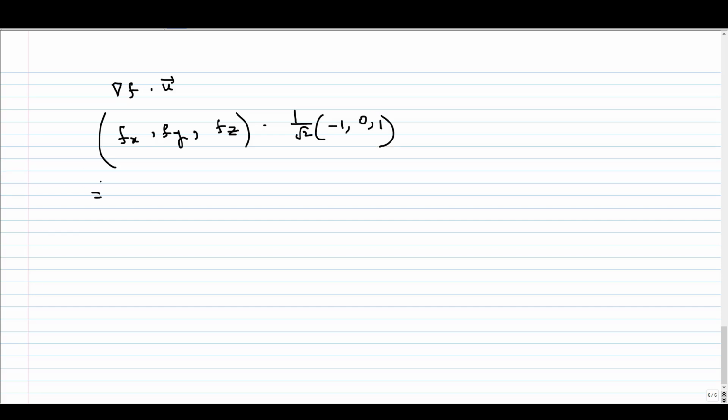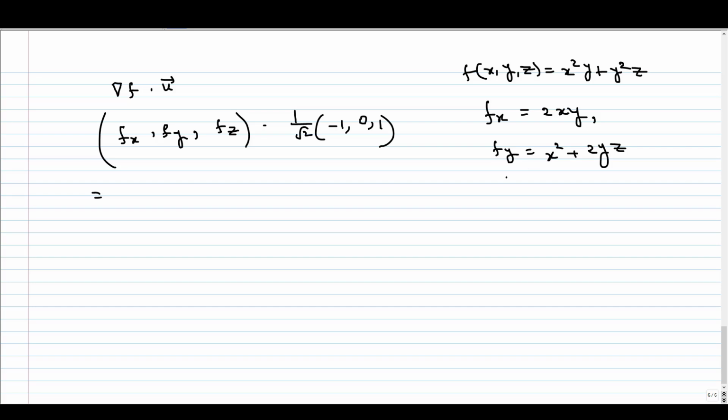So if we calculate the partial derivatives, recall what our function was. Our function was x square y plus y square z. So what was our fx? fx is 2xy. What was our fy? fy is x square plus 2yz. And what was fz? fz is y square.